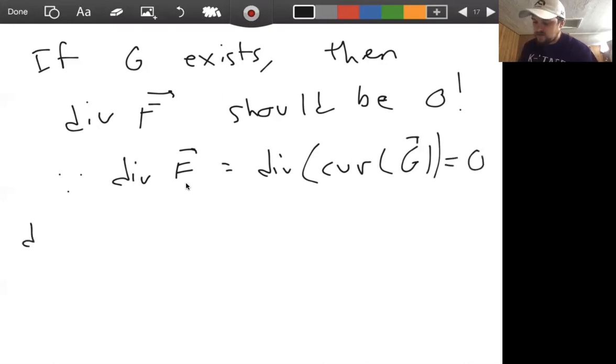So let's calculate the divergence of F. If it is 0, that means this G can exist. If it's not 0, then this cannot be the curl of some other vector field.